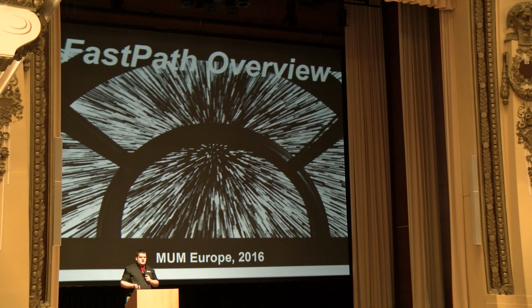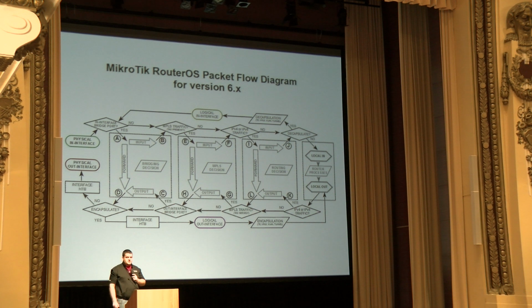So if we start talking about FastPath, we first need to talk about routers in general. And if we talk about routers in general, we talk about lots of things that routers can do. This is the packet flow diagram that I love very much, that indicates what routers can do.